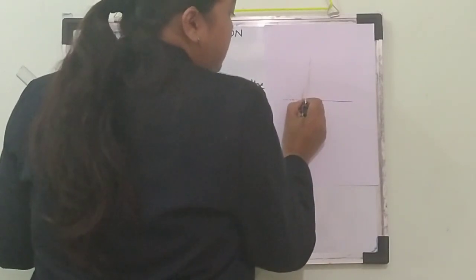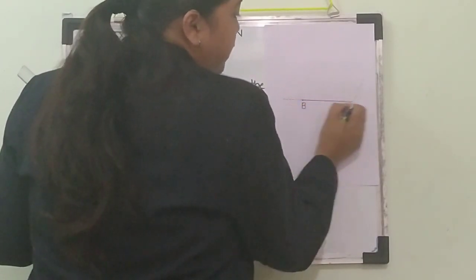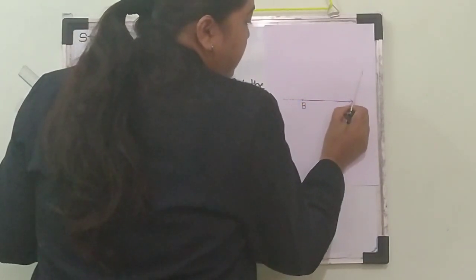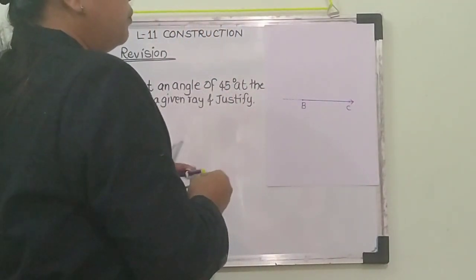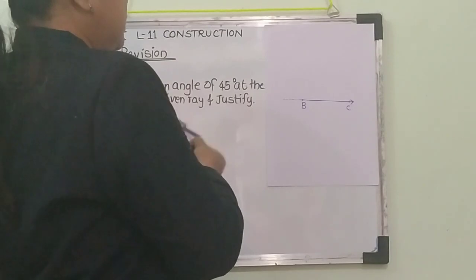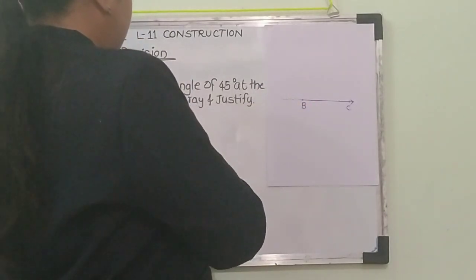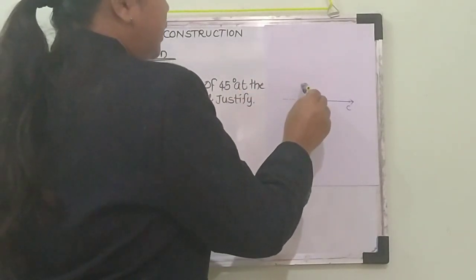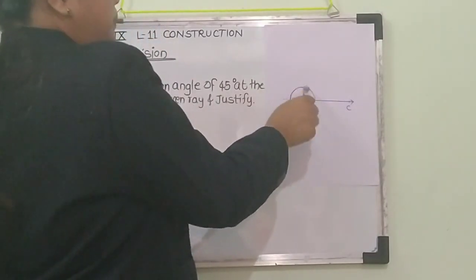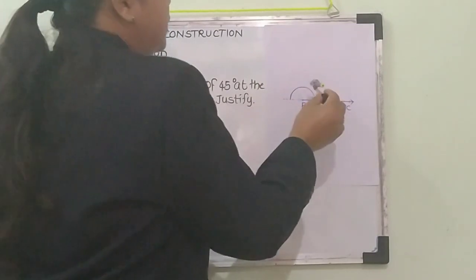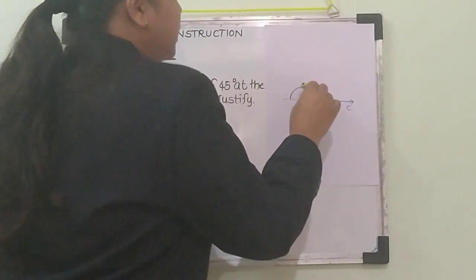See here, suppose here point B and here point C. Then first what we have to do, we have to draw the semicircle. So take some distance or radii in our compass and draw the semicircle. Then with same measure we have to mark the arc.